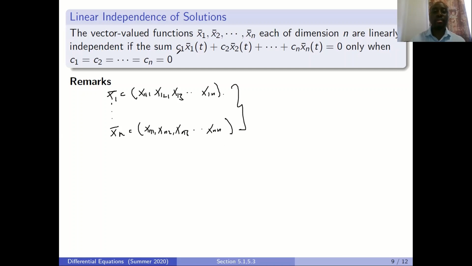If we have a linear combination of these vectors that is trivial, then the coefficients have to all be 0. That's the only time we're going to have a trivial combination. This is the same definition we used when dealing with just scalar vectors. It's the same idea.